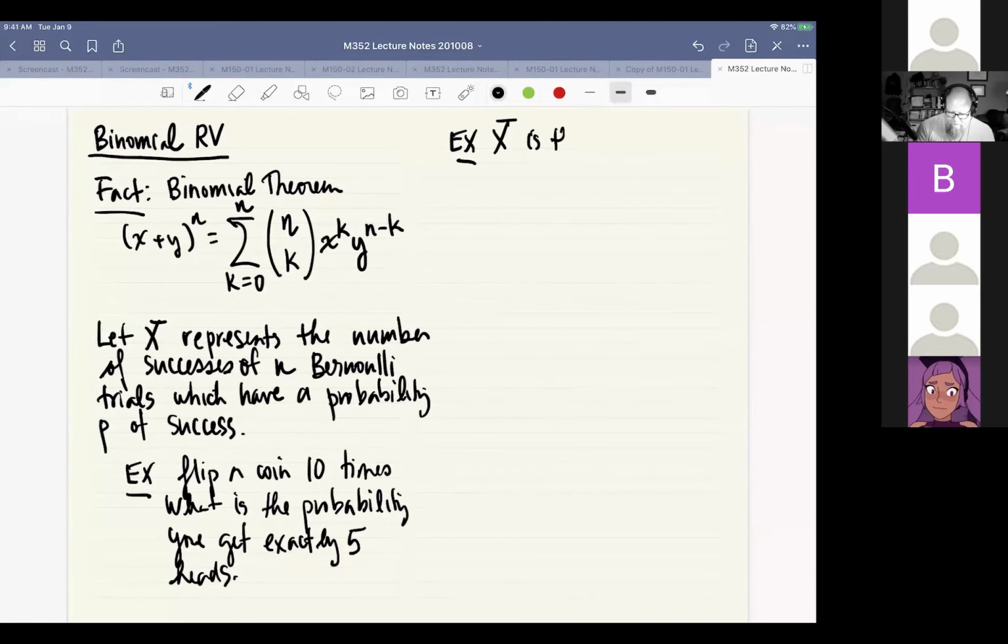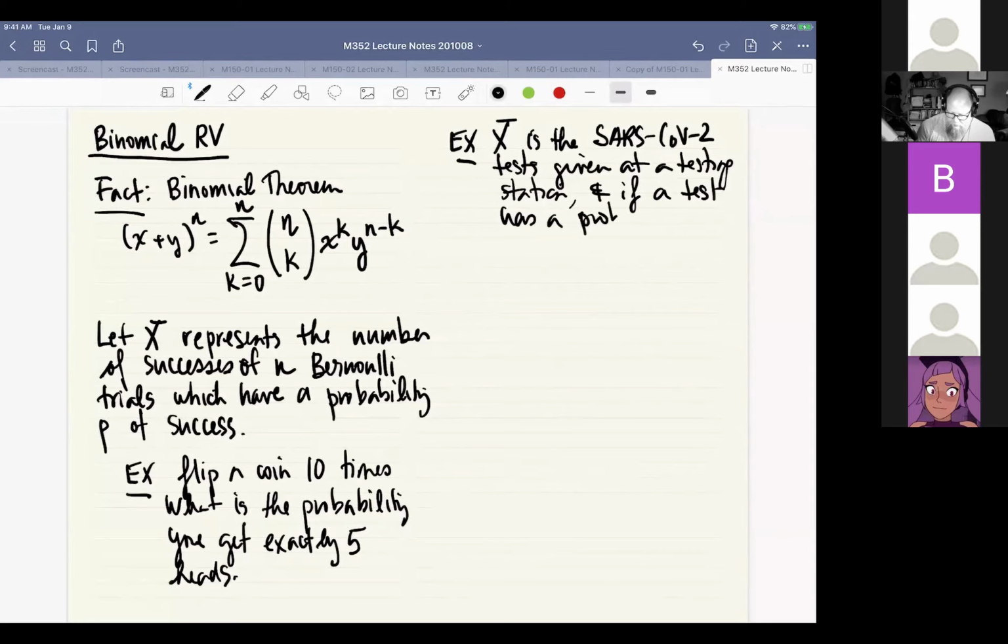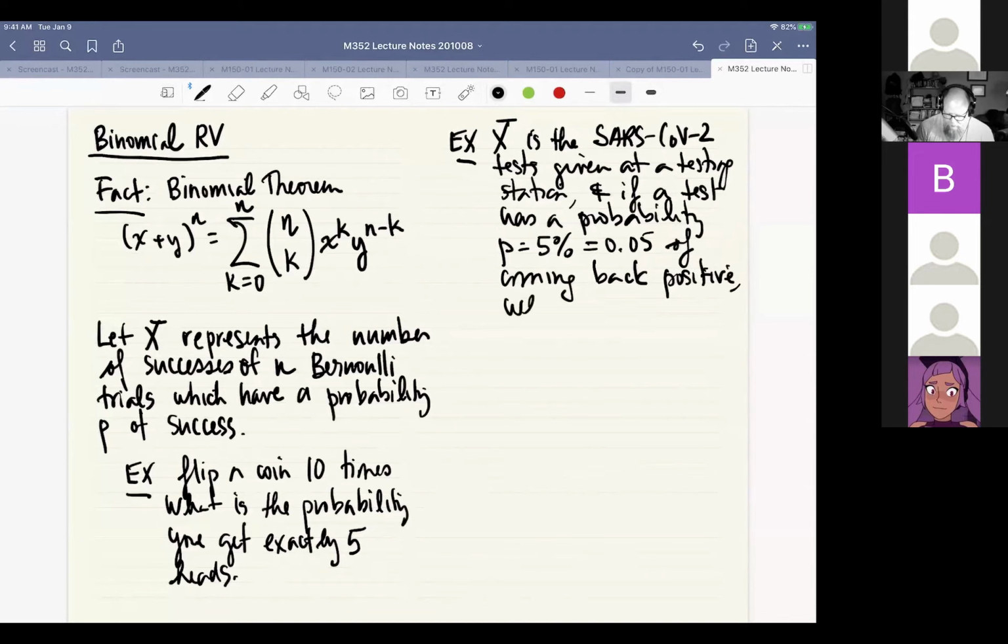If x is the number of SARS-CoV-2 tests given at a testing station, and if a test has a probability p equals 5%, which is 0.05, of coming back positive, we could ask, what's the probability that 86 tests come back positive if 500 tests were given?